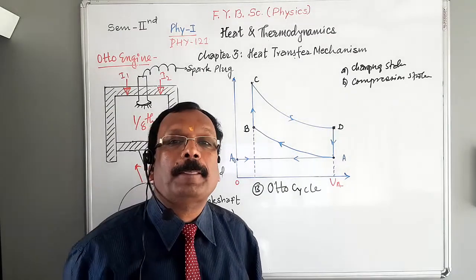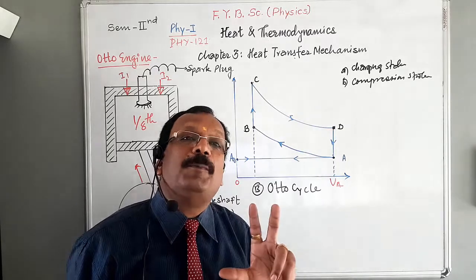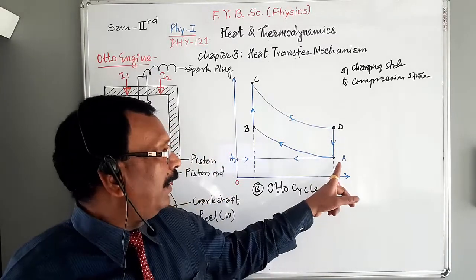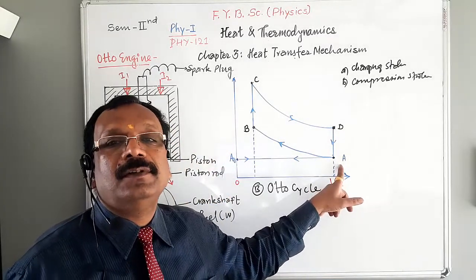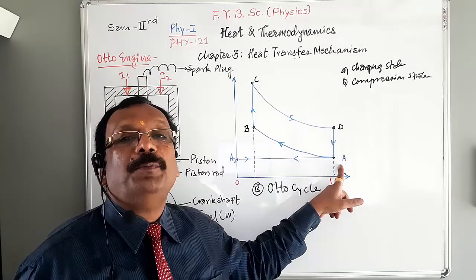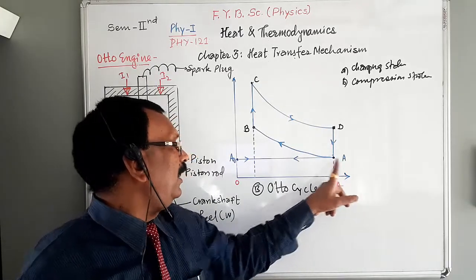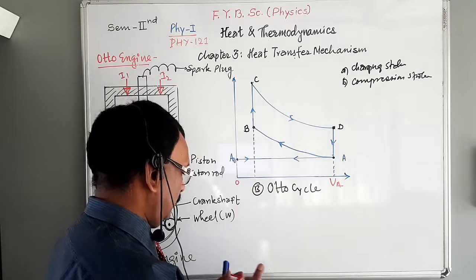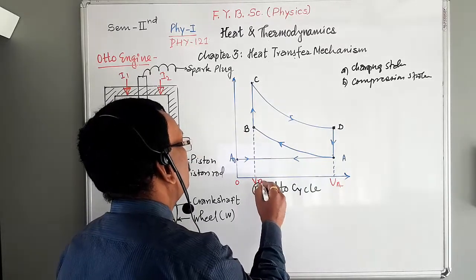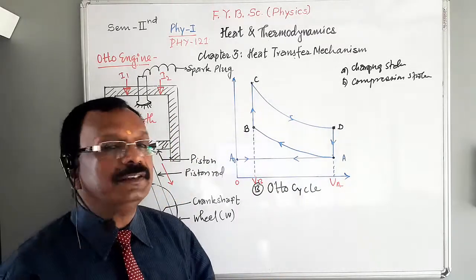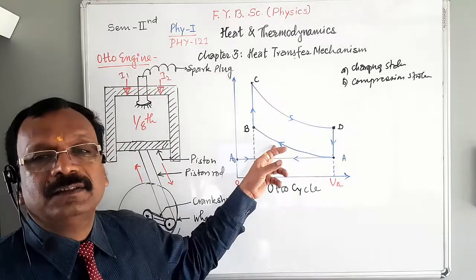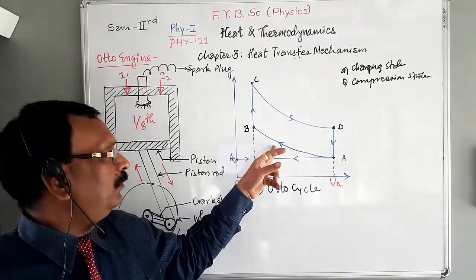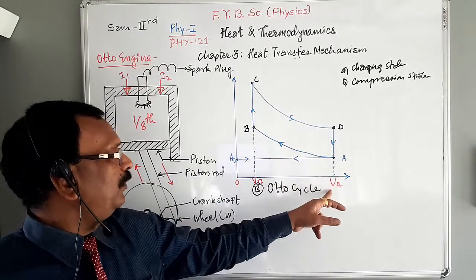During the adiabatic compression, the volume of the mixture decreases from Va to Vb.